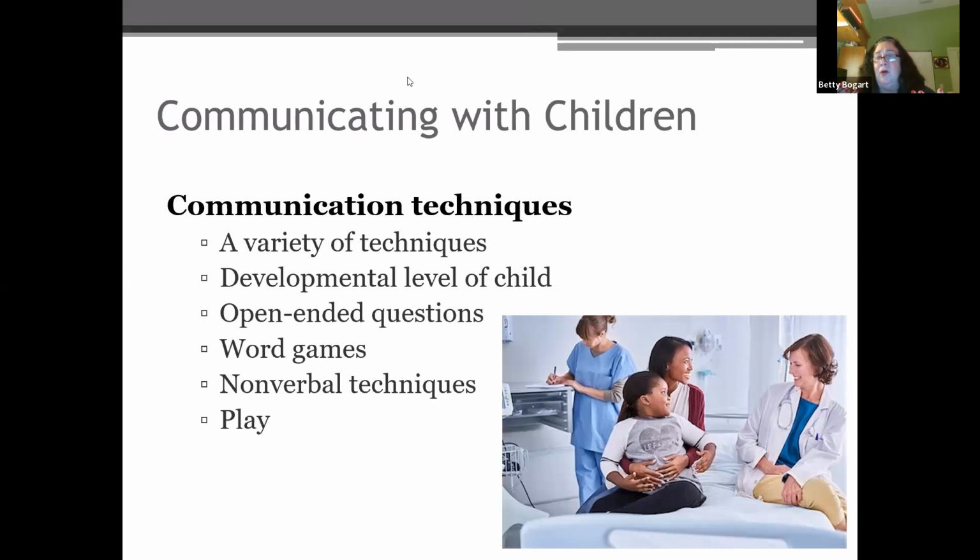I'm not threatening anymore at all. Then I can let them play with the equipment, have them help me do things. I just spend a couple of minutes doing that. And I'm going to get what I need, and the child's going to get the assessment that they need. Always use play. Always get on their level.